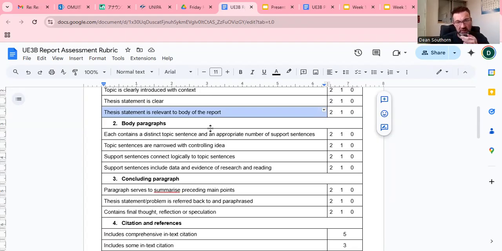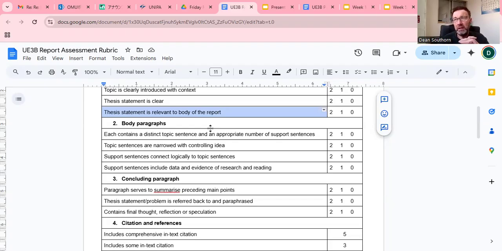So you can't just write the middle part, the main part of your report, as one long, uninterrupted, unbroken piece of text, which has been done several times. Usually one person does it each year or each semester. So make sure you are using paragraphs, and then each of those paragraphs should include a topic sentence.